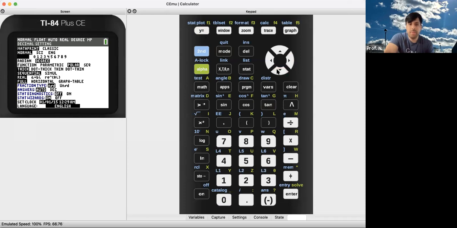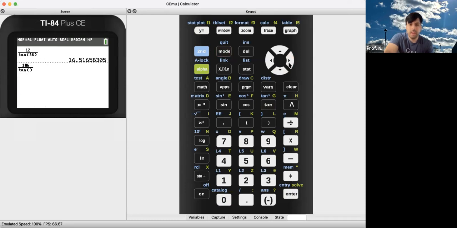I am not in degree mode anymore, I'm in radian mode, so press enter for radian. Then I go back and do tangent of second pi divided by 5 in parentheses. And when I press enter, I get 145.896.